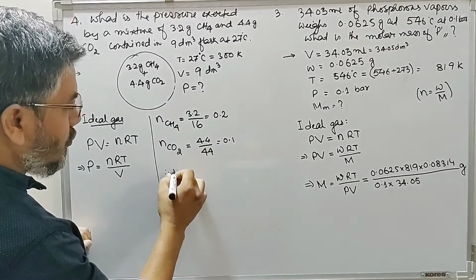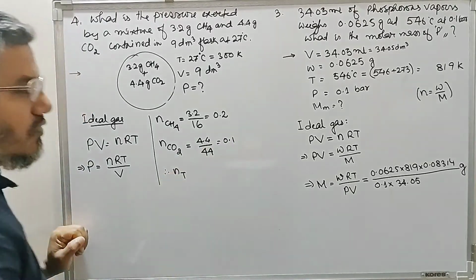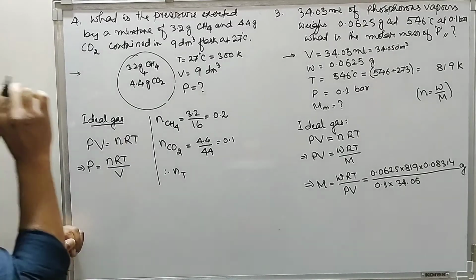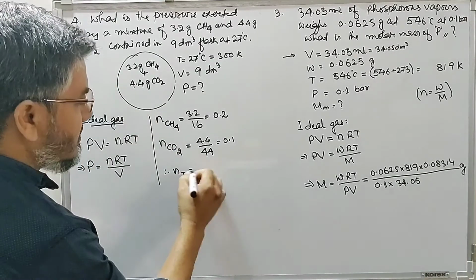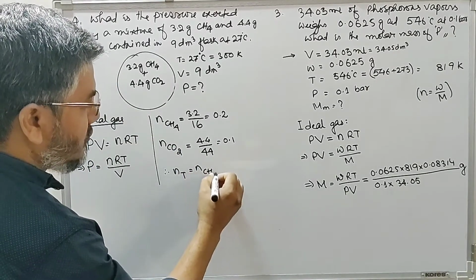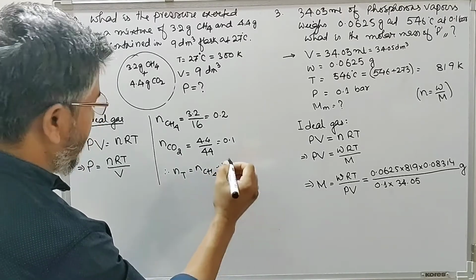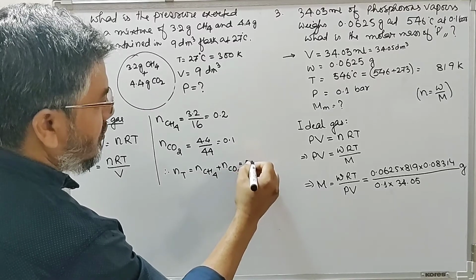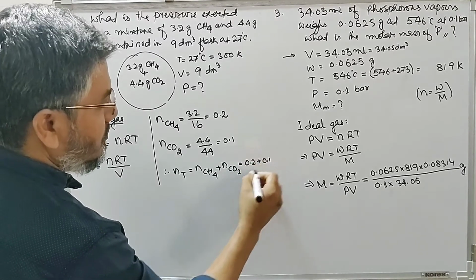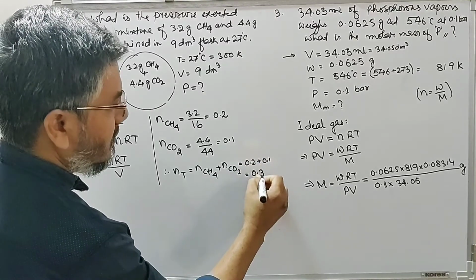So therefore, the total number of moles of gas present in this container is equal to the number of moles of methane plus the number of moles of carbon dioxide. This comes out to be 0.2 plus 0.1, that is 0.3.